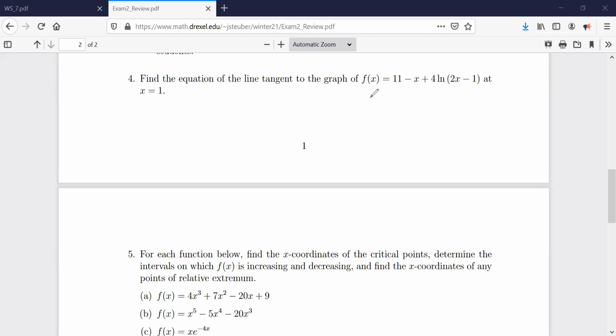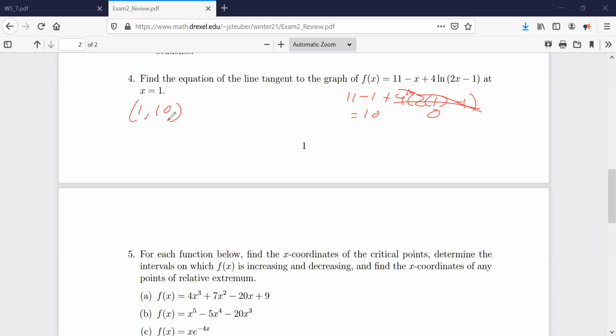To find the second value for the point, because I need the y value, I just plug in 1 here. So I get 11 minus 1 plus 4 times ln(2 times 1 minus 1). ln of 1 is just 0. This whole thing goes away to 0, and I'm left with 10. So I get the point (1, 10).